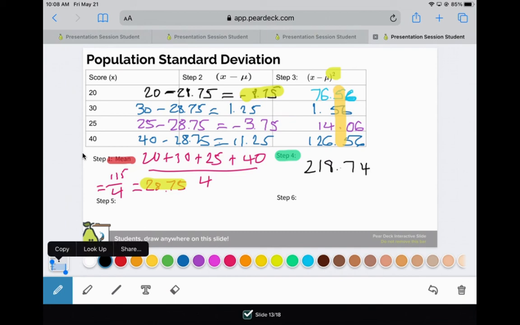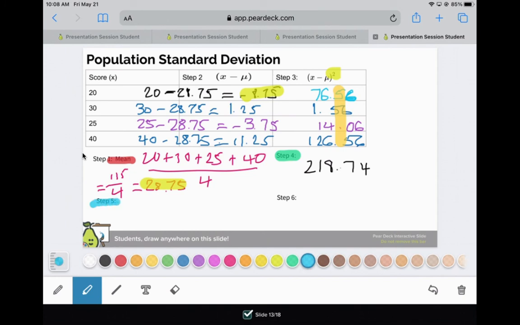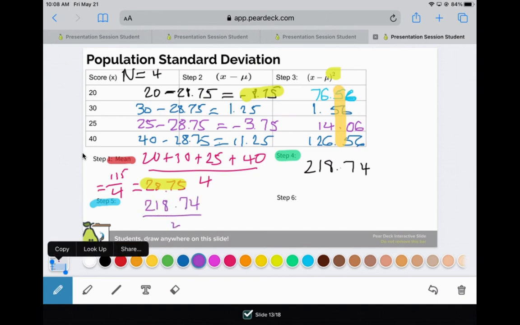Okay, cool. Now we will do step 5. What do I do with step number 5? I don't subtract 1 because this one is population standard deviation, so I don't have to subtract. I only subtract if it's sample standard deviation. So I would take the number from step 4, which is 218.74, divide by 4.